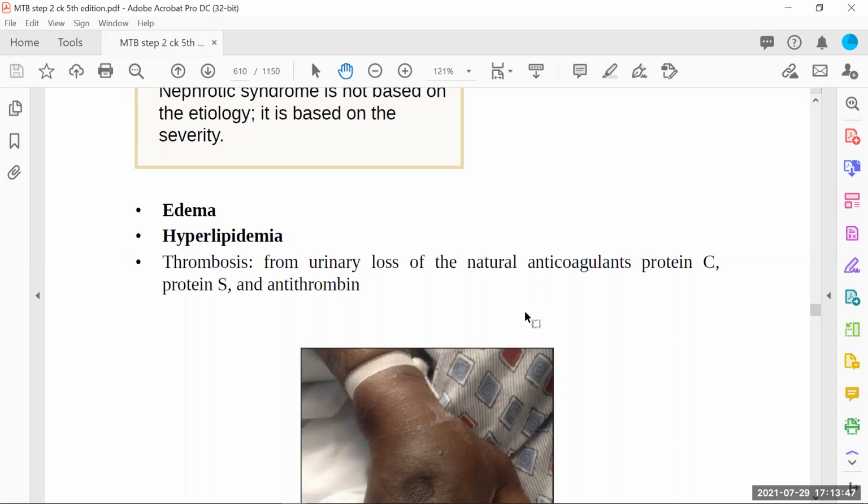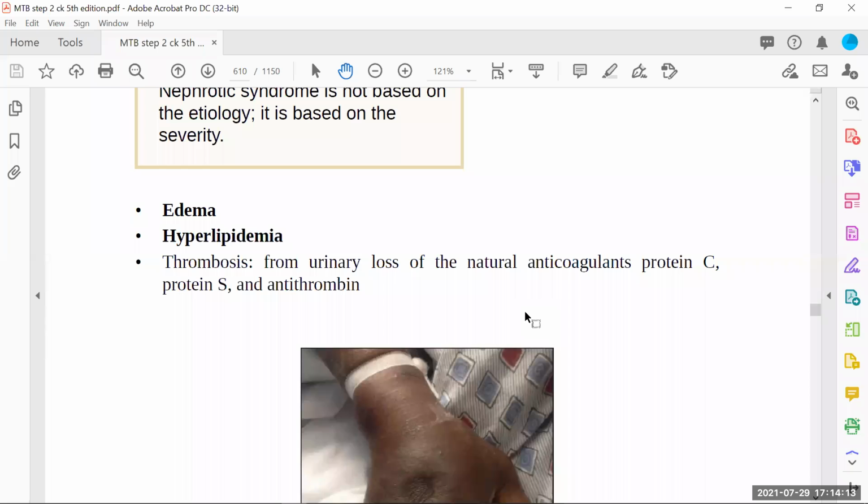Once there is no protein C, protein S, the whole clotting thing is disturbed. The bone marrow has to function, the spleen has to function in order to compensate, because we know very well that bone marrow and spleen are body defenders, right? When it comes to liver pathology, they will become active, and they will produce more thrombin, and you will see more blood clotting inside the normal vessels.